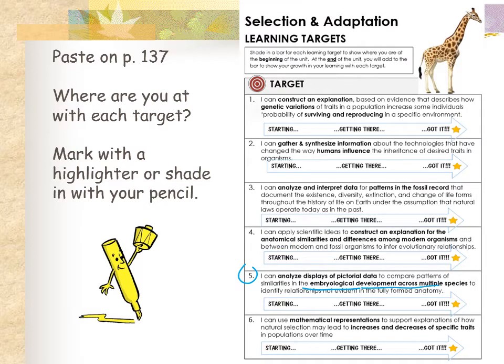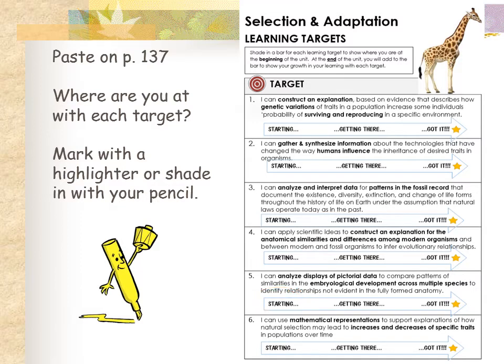embryological development across species. So making comparisons between one species to another as they develop, really before they're fully formed. And what are the similarities and differences? Everyone probably is starting unless you already have done something like that before.